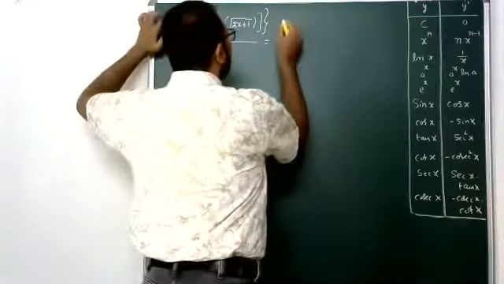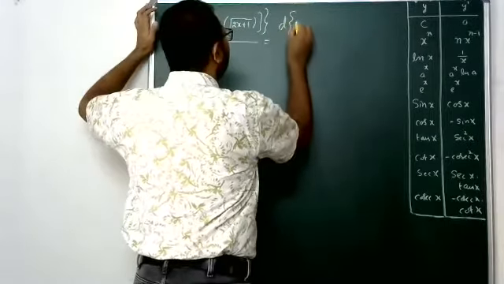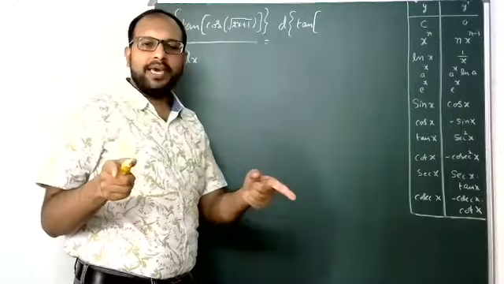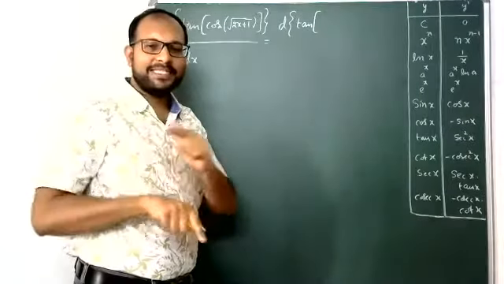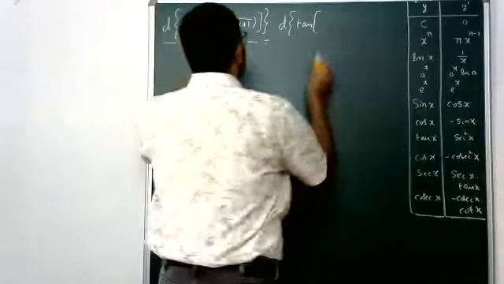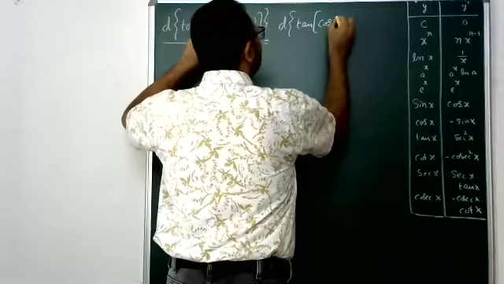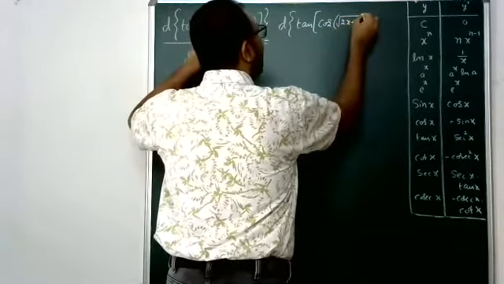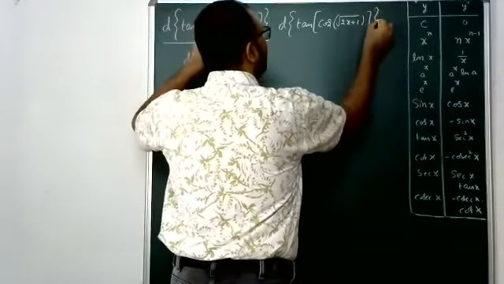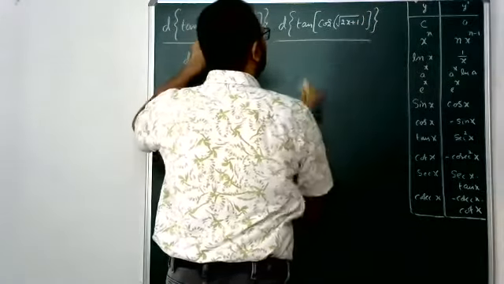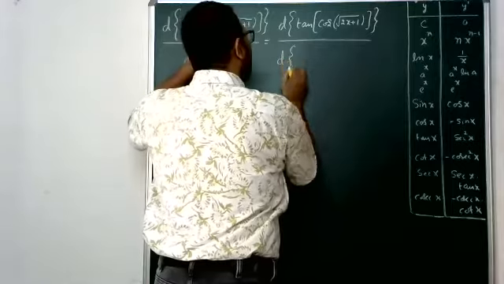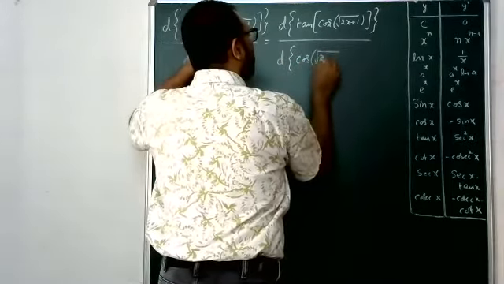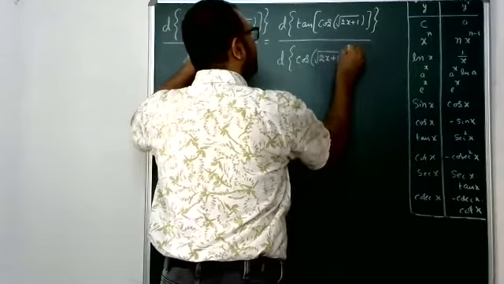Listen. The derivative of tan x we know is secant square x, but here it is not tan x. It is tan of some function, that is cos of root over 2x plus 1.